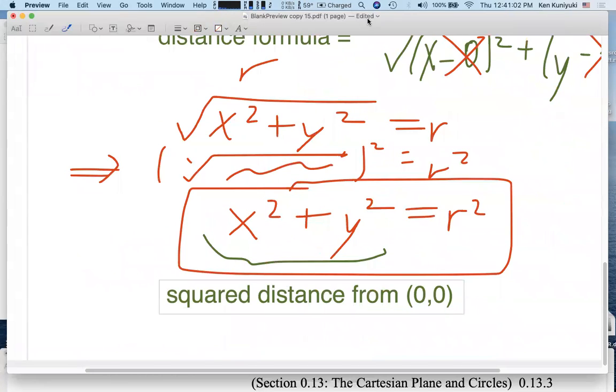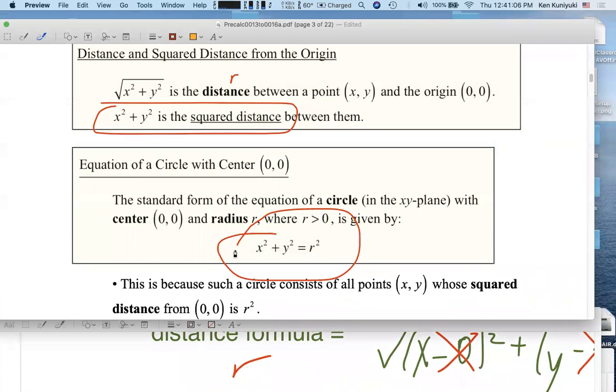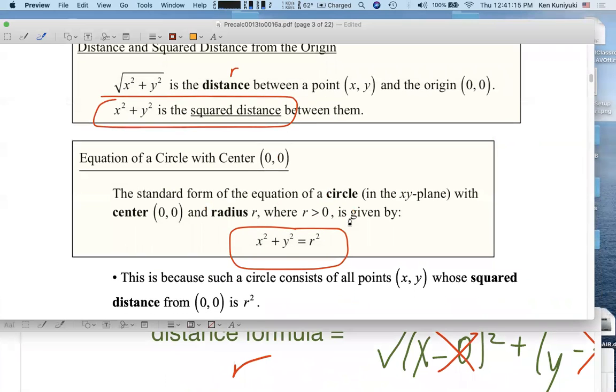X squared plus y squared equals r squared. That is, over here, x squared plus y squared equals r squared. I need to write nicer ovals and circles. X squared plus y squared equals r squared is the standard form of the equation of a circle in the xy plane with center 0, 0, the origin, and radius r, where the radius r is positive.